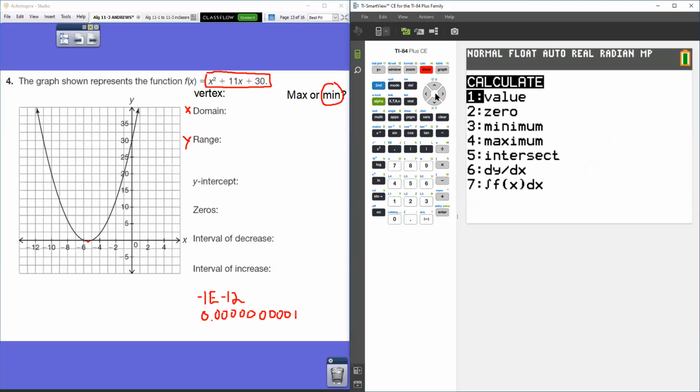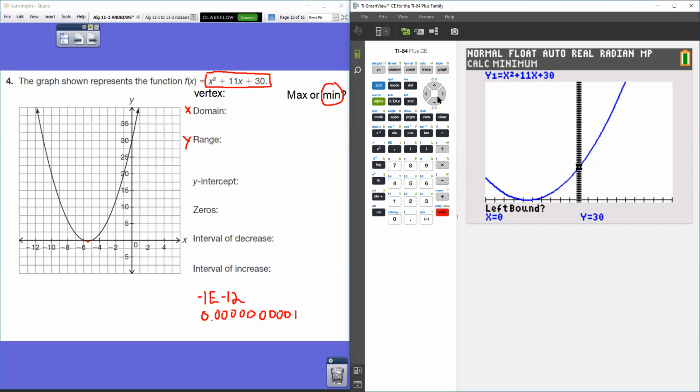So second calc, I'm going to go down to number 3, which is the minimum. They ask you for a left bound. I need to move my little blinky cursor all the way over to the left-hand side of where the min is. I need to get to the left-hand side of that bottom of the dip there.